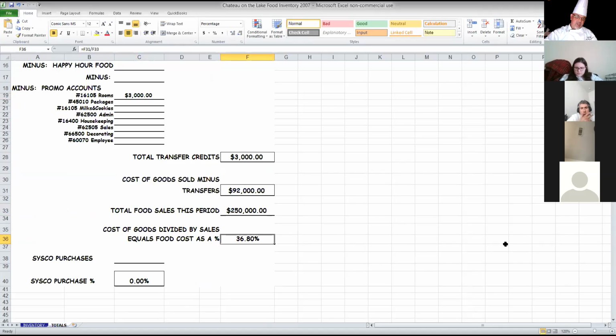Is 36% good or bad in the food industry as far as food costs? Ideal is 30%, right? So I mean, you're a little high. Bingo. 30%, ideally between 30 and 32%.